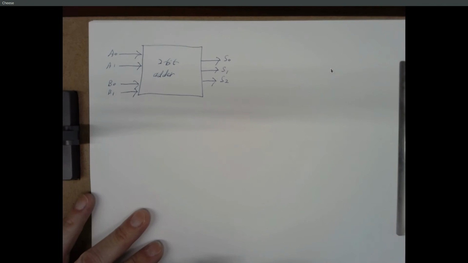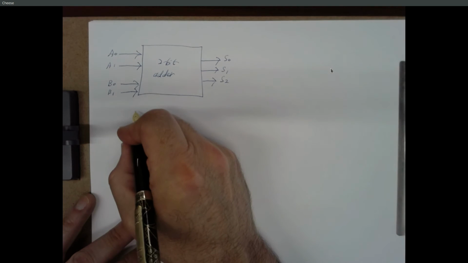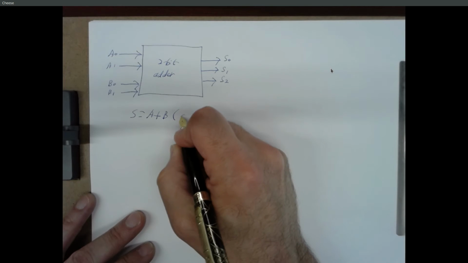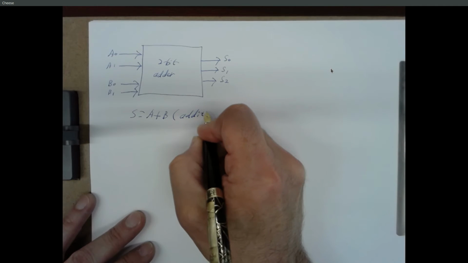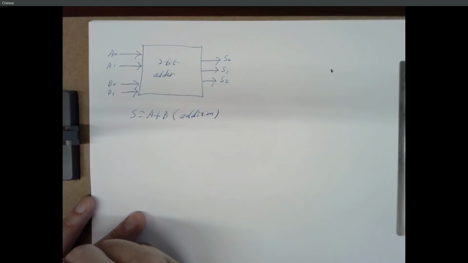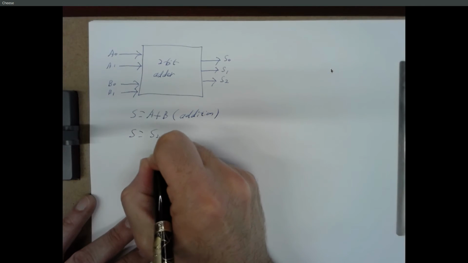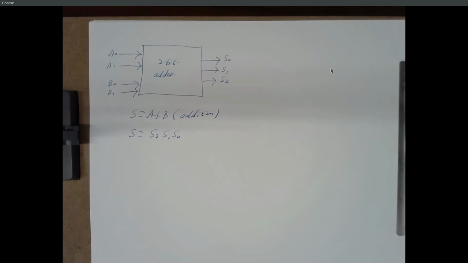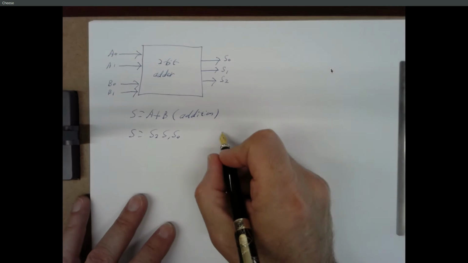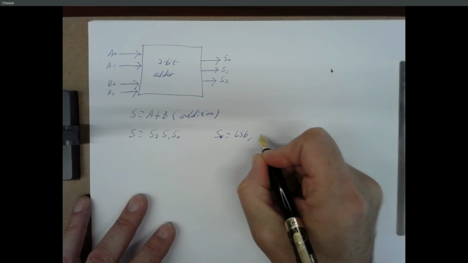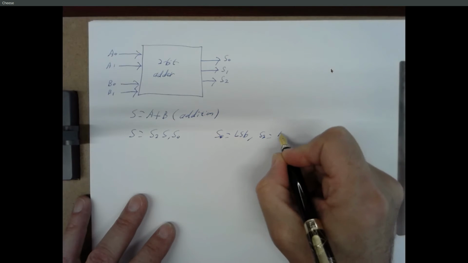So I would write a description of this something like this: S equals A plus B. This is addition, not a logical OR. And S is a set of 3 bits, S2, S1, S0. I could also have said S0 equals the least significant bit, and S2 is the most significant bit.